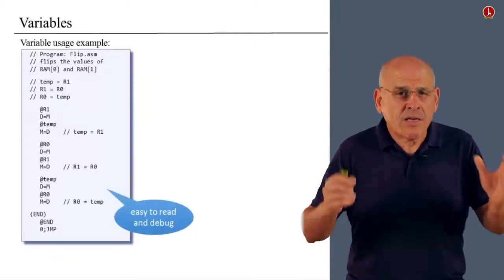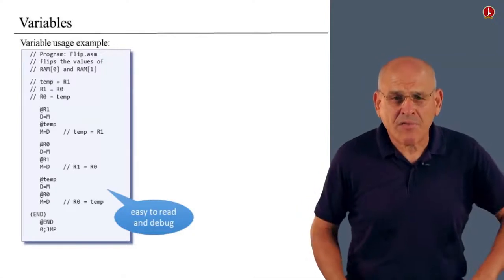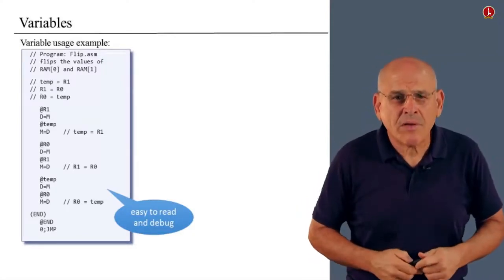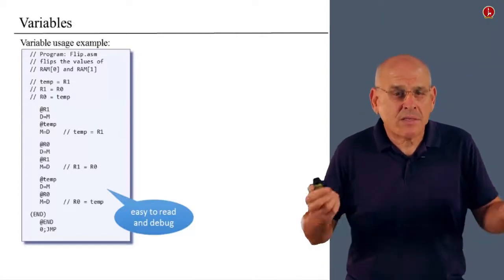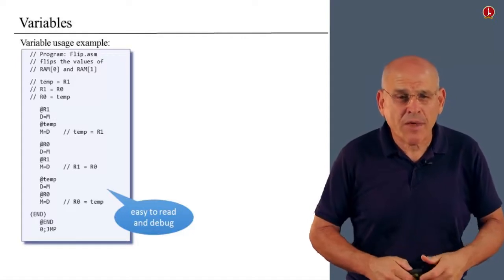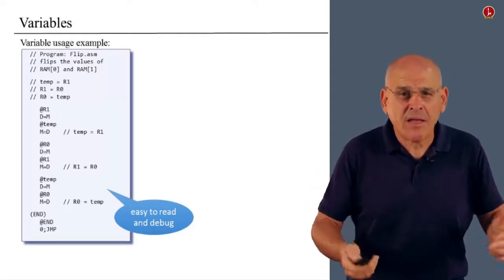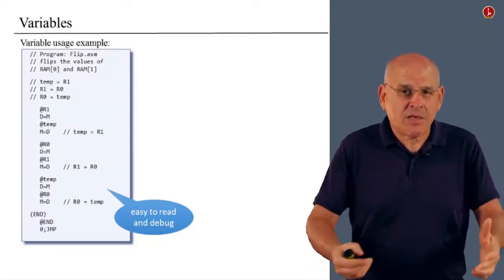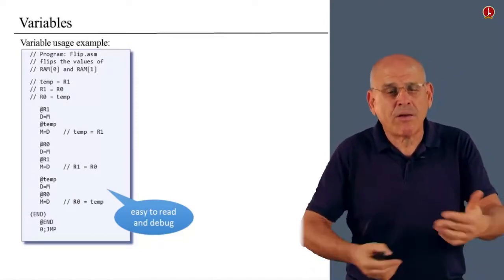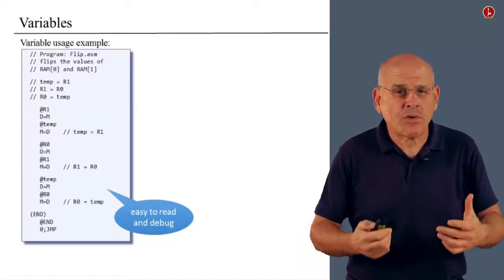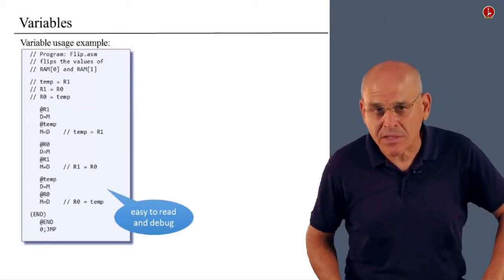So in closing of this little section about variables, if you look at this piece of code, you will realize that this program is relatively easy to read and debug. We have a symbolic label, and we have a symbolic variable, temp, and it's much easier to understand what is going on here compared to the programs that we wrote before when we used actual numbers to represent addresses.